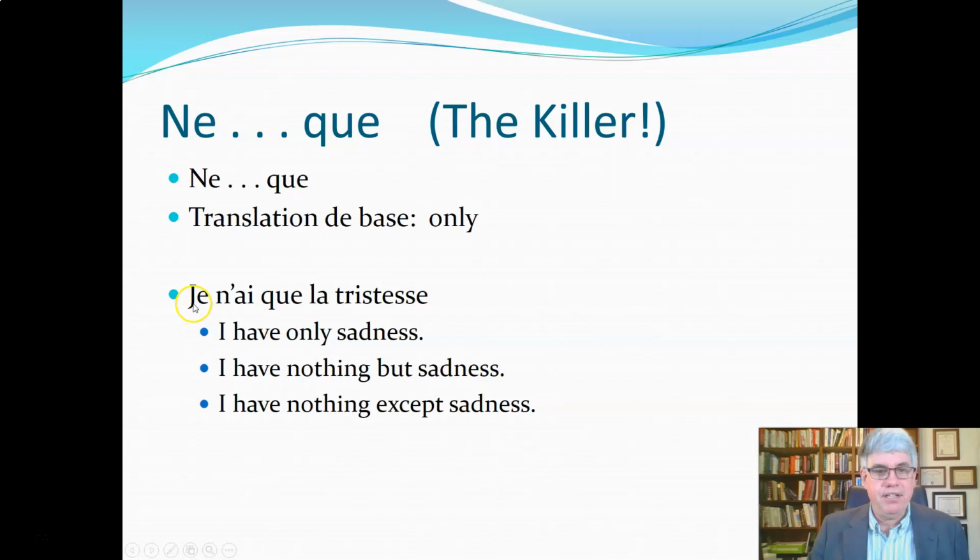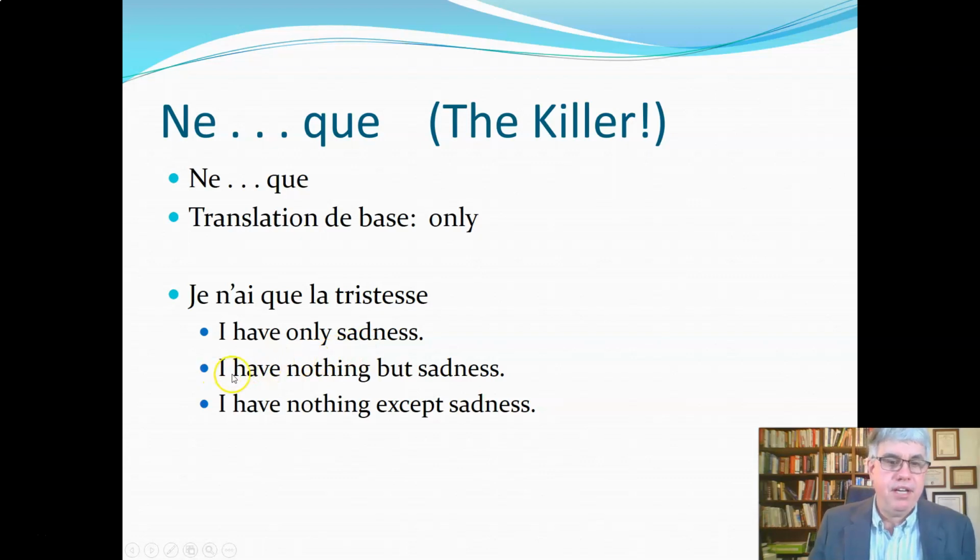So we might have a sentence, je n'ai que la tristesse. So je is the subject, avoir is the verb, and then the ne que could be like is only. I have only, la tristesse is sadness. I have only sadness. Or I have nothing but sadness. Because when we say I have only sadness, it doesn't sound like a negative expression.